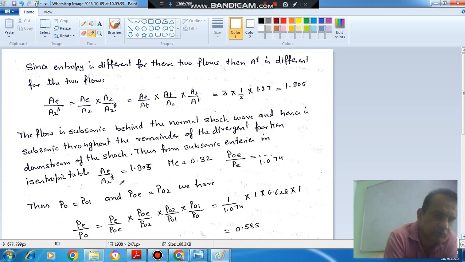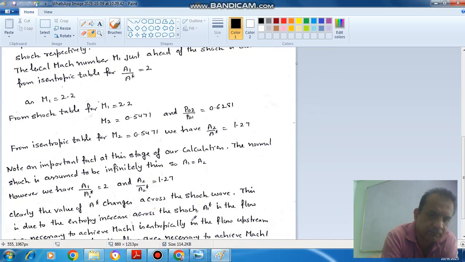So now corresponding to this AE by A2 star, we can see the exit Mach number and pressure ratio in the isentropic table. That Mach number is 0.32, and P0E is the stagnation pressure at exit and PE is the static pressure at exit, so P0E by PE will be 1.074 from the isentropic table. And stagnation pressure in an isentropic process remains the same.